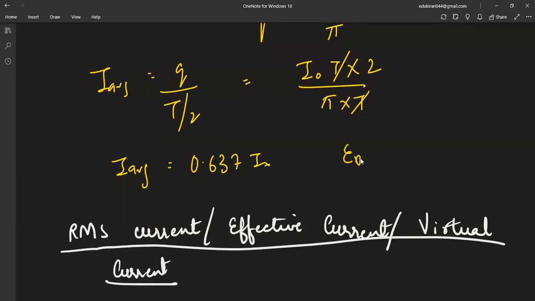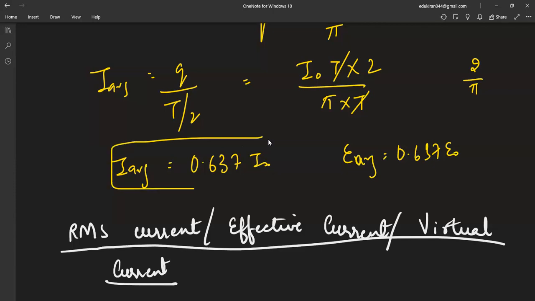Why 0.637? Value of 2 by pi I have calculated and told you, 0.637. Or you can directly write it as 2 I naught by pi. Similarly, E average will be 0.637 E naught. These are the values for half cycle. Quickly note it down.